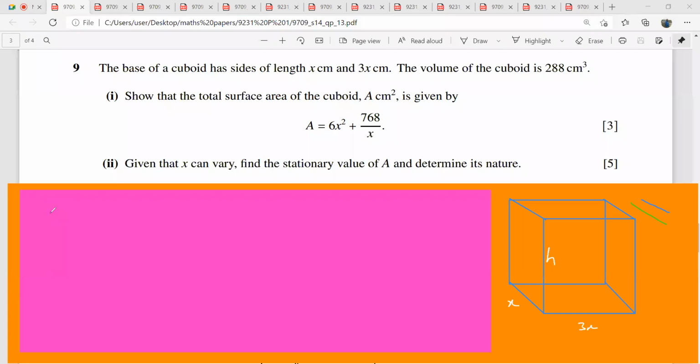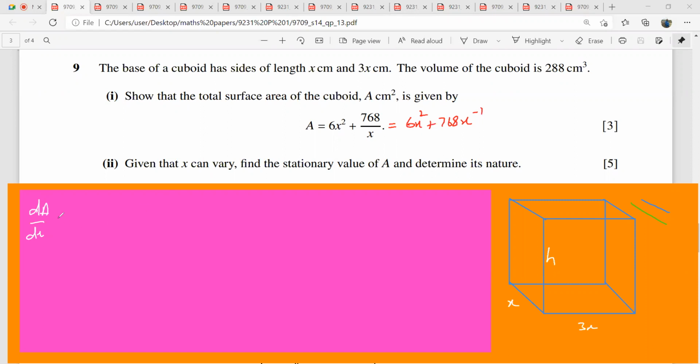First of all, you need to find dA by dx, and obviously before you differentiate this, you should write it as 6x squared plus 768 x raised to power minus 1. Now I can differentiate this, okay?